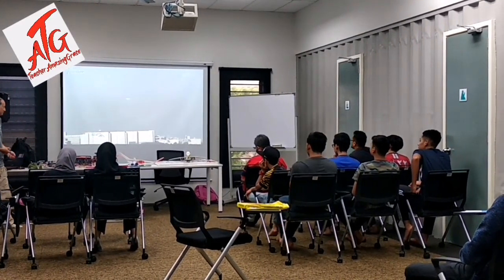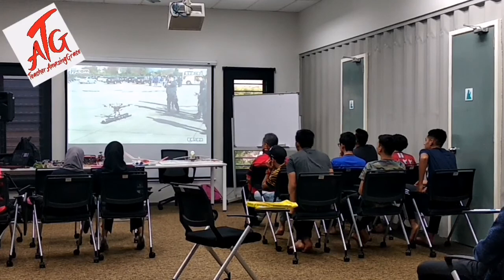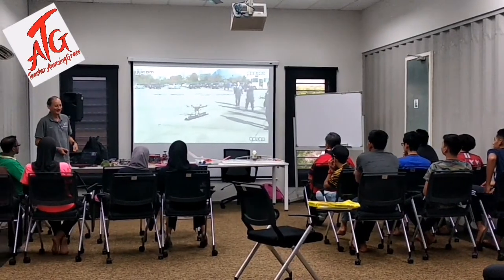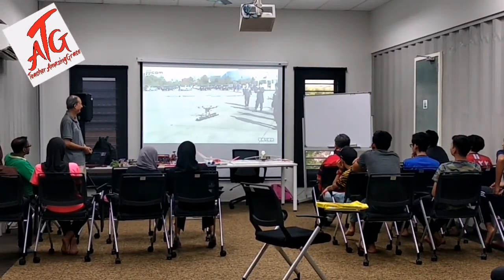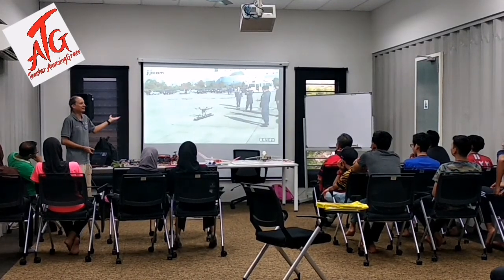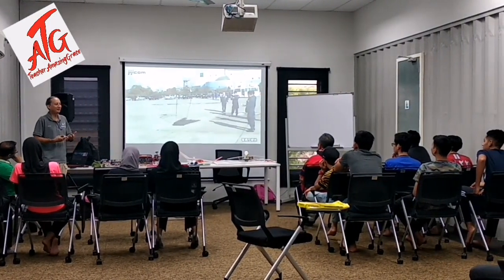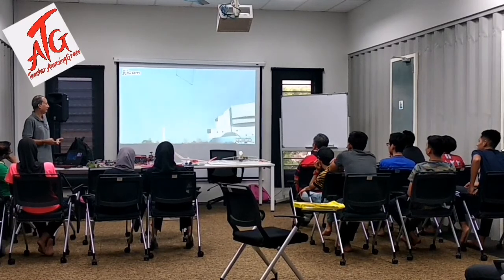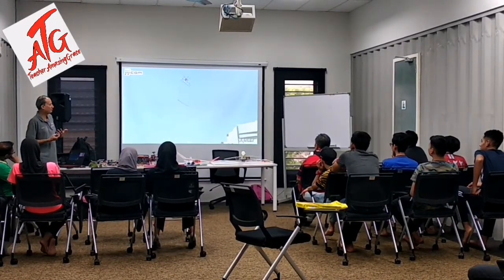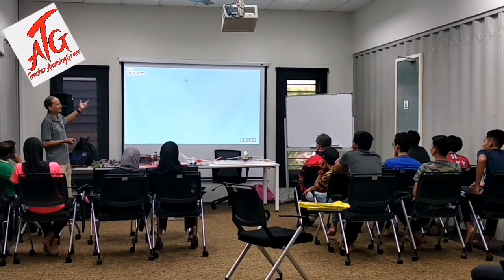They are also very desperate. So they use a jaring. But then this is not practical unless you are a very incredible drone pilot to be able to go and tangkap another drone.